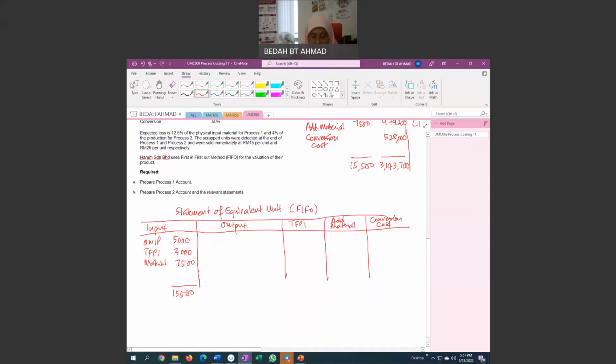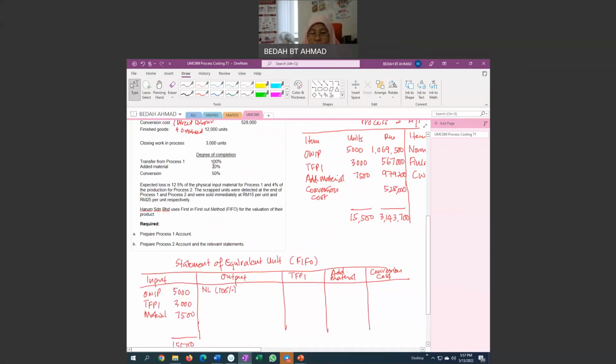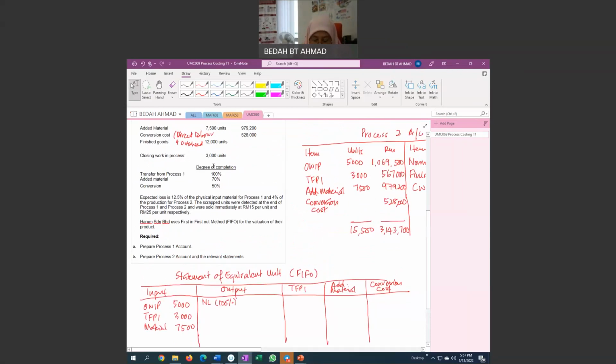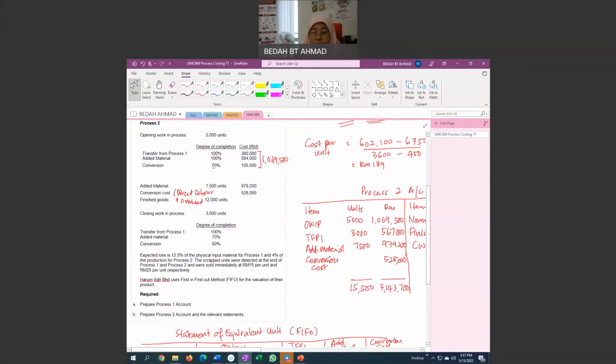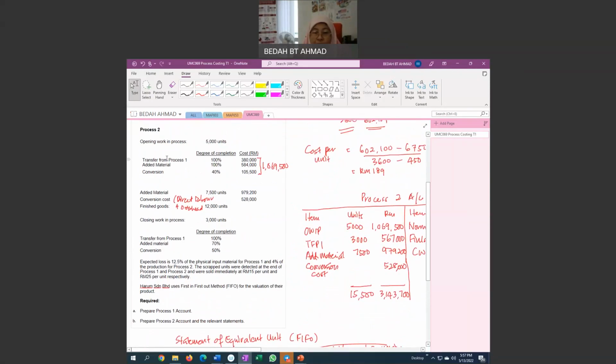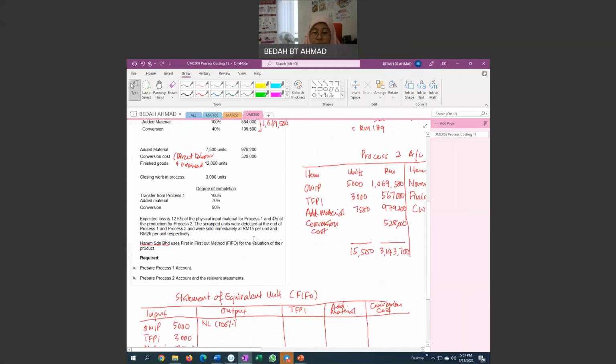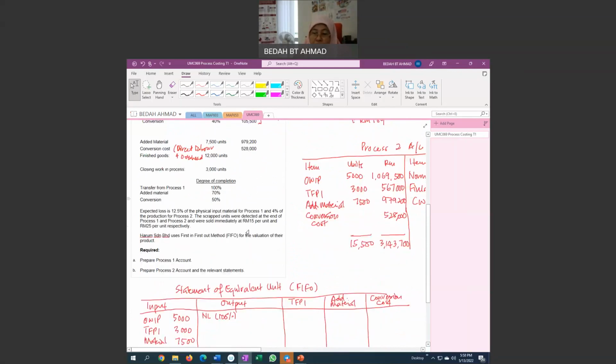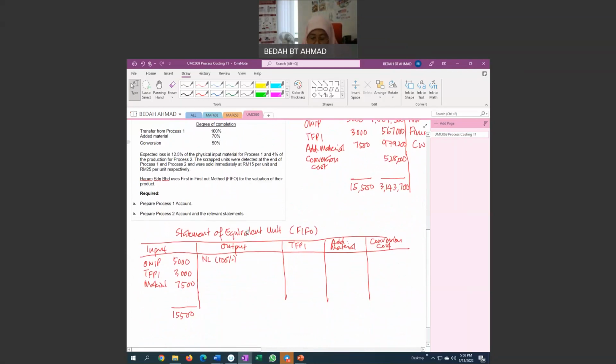Out of this becomes the output here. Normal loss is considered as 100% completed. Normal loss and abnormal loss are usually considered as 100% completed. We just focus on the opening work in progress and the closing work in progress to see any percentage of completion which is not completed yet.